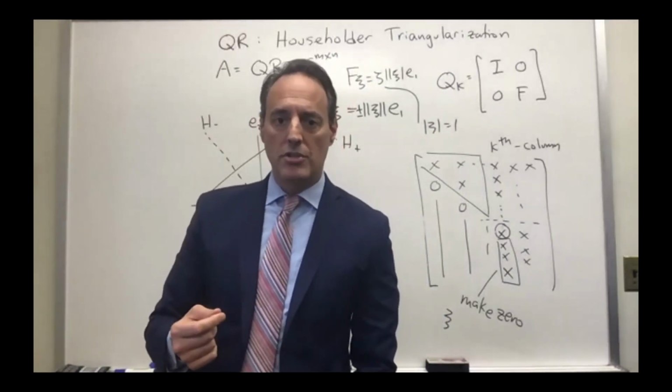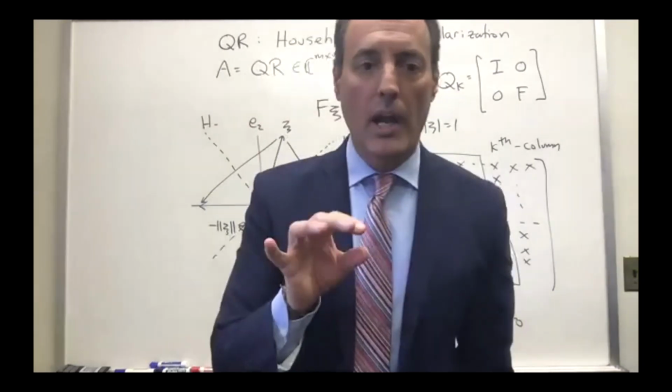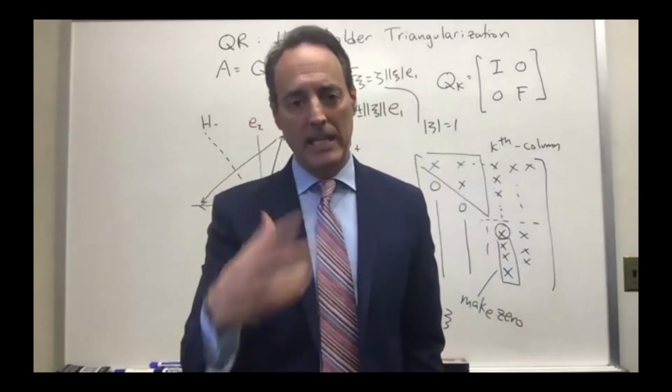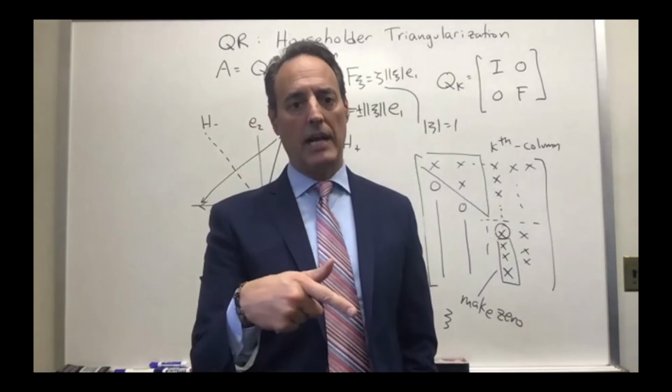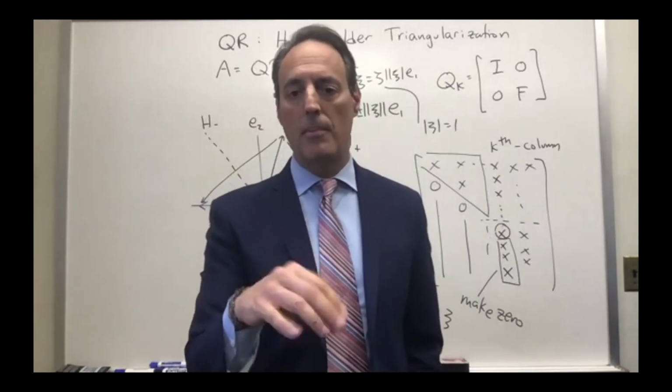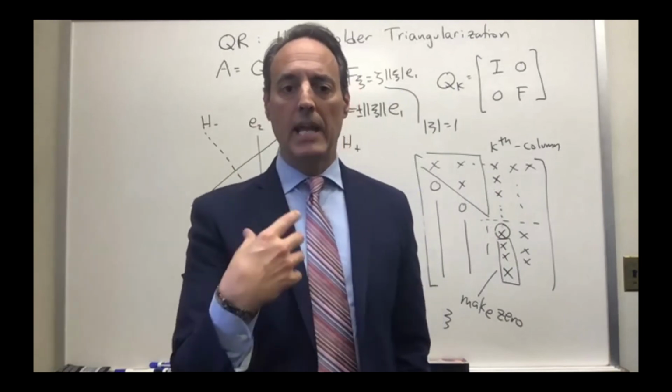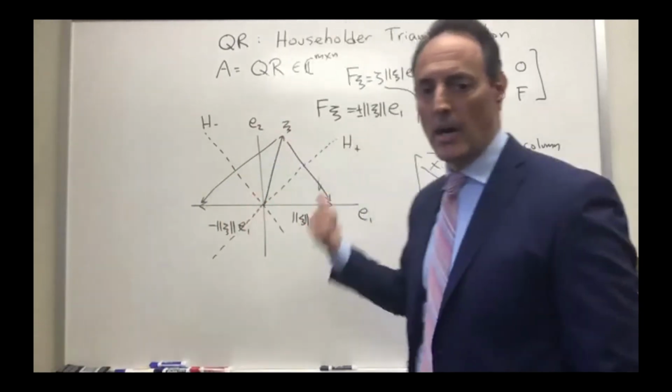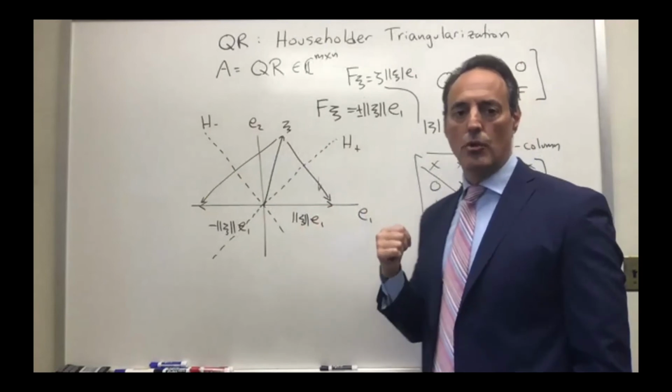What I wanted to do is spend just a few minutes walking through a code that I'm going to email you upon conclusion of the class. This code is from Toby Driscoll. He did a really nice job with it, so I'm just going to use it. It's a QR factorization based upon what I just drew up on the board.